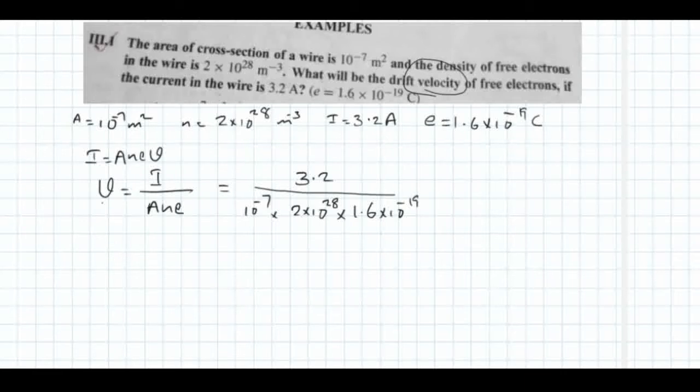And on solving, we will get the answer. So the answer for drift velocity is 0.01 meter per second. That is the drift velocity.